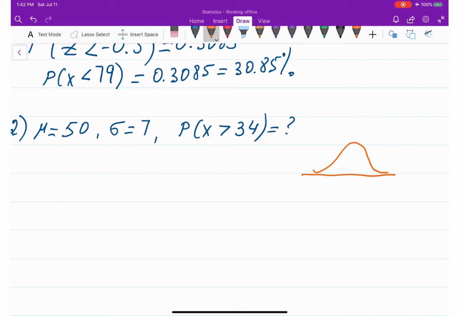Normal distribution. If my mean is 50, then 34 will be somewhere to the left. This is my mu, 50. X is 34, it's much less. So to the right, how can we deal with this?